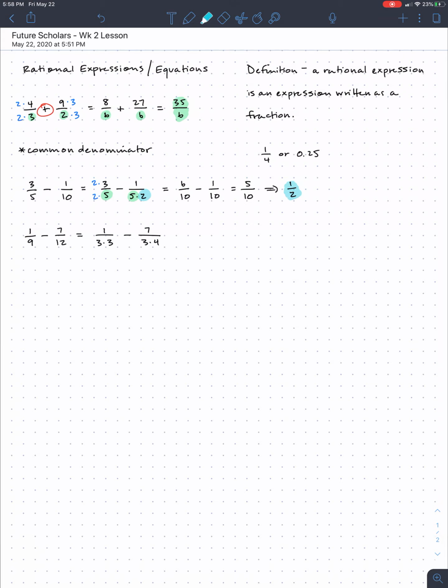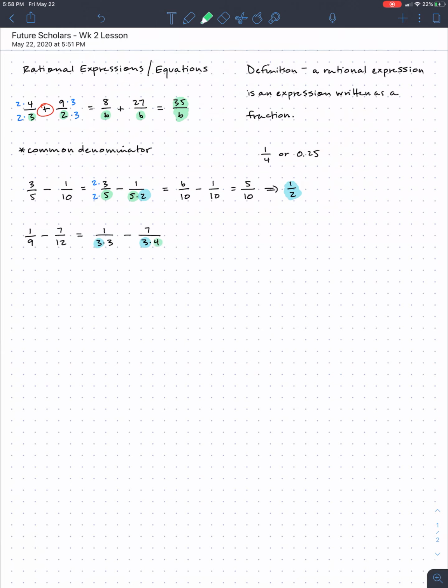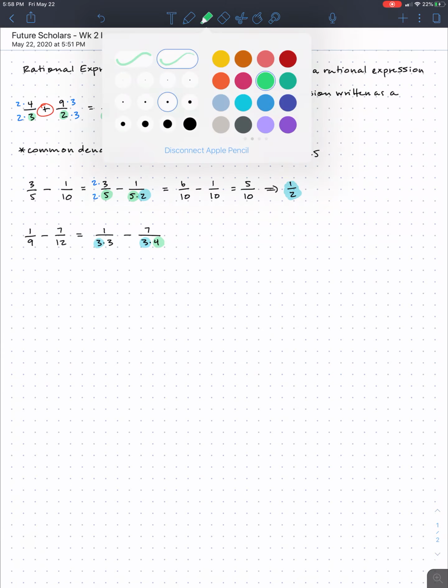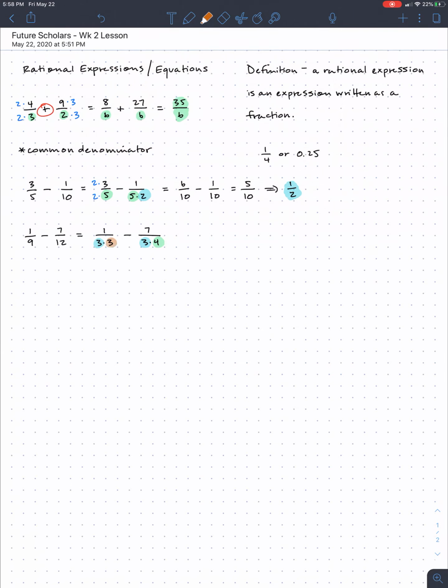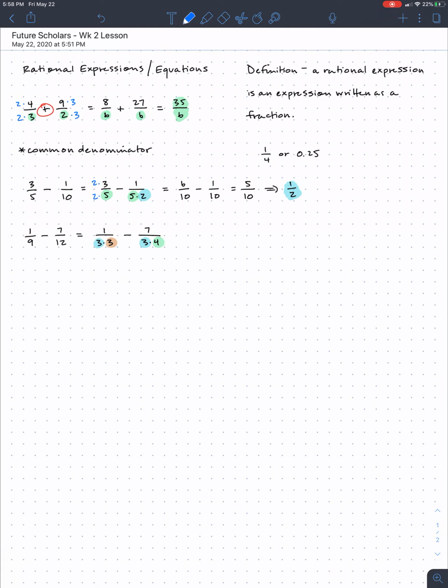So here's what I notice. Both expressions have a 3, but one expression has a 4, and one has a 3. Those two don't match. So I need to make these equal. So I need to multiply by a 4 over here and multiply by a 3 over here. Now we have 2 3s and a 4 on both sides. So 3, 3, 4, 4.